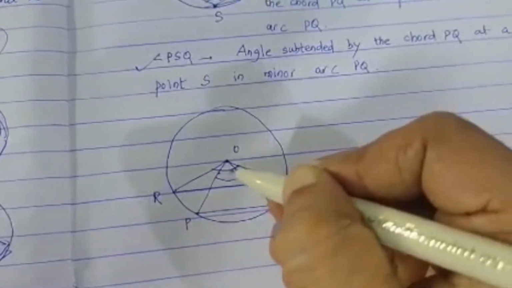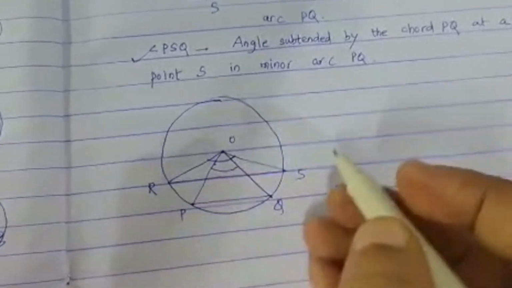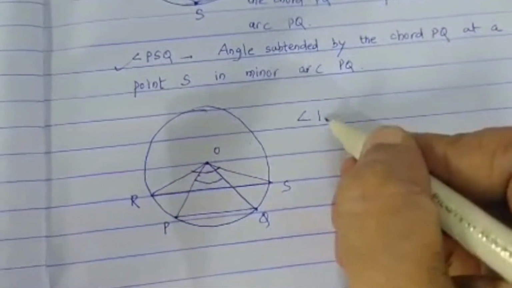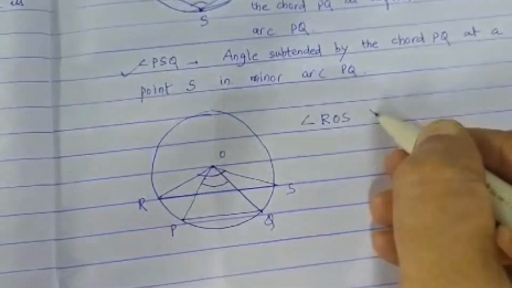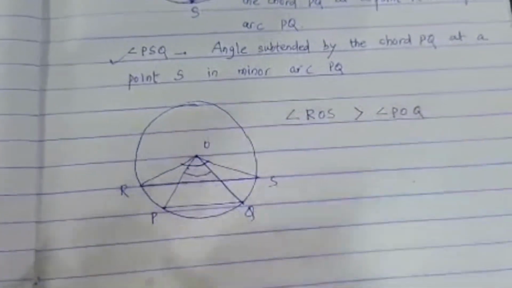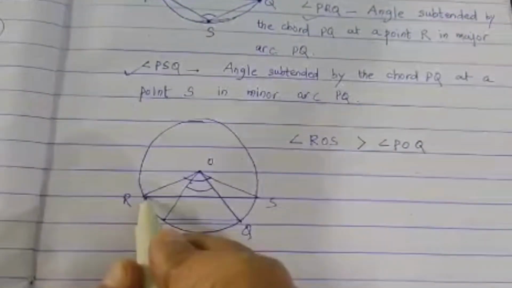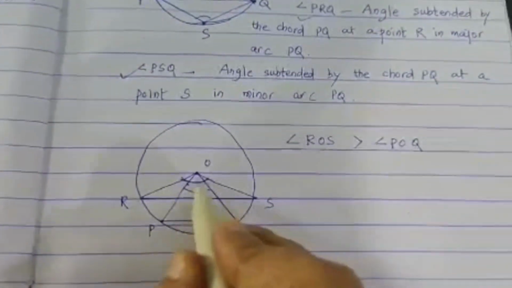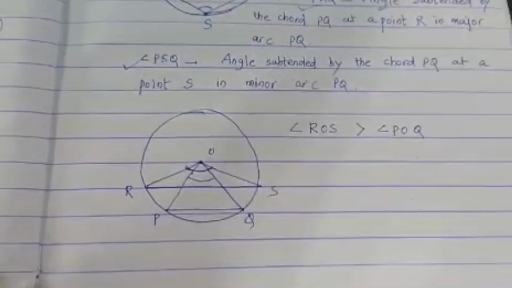Only looking at the figure, you can say that angle ROS is greater than angle POQ. That means if your chord is longer, then the angle subtended at the center will be greater.